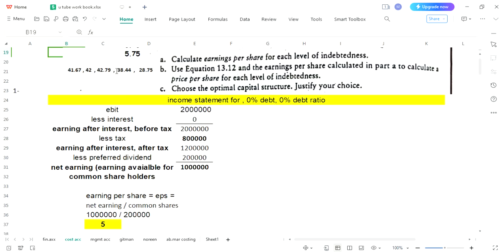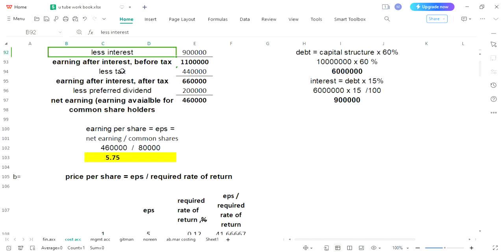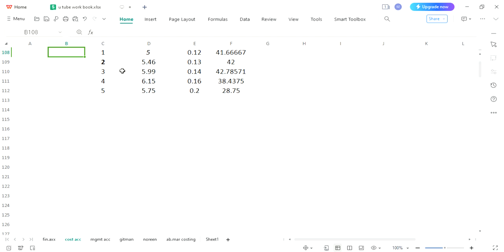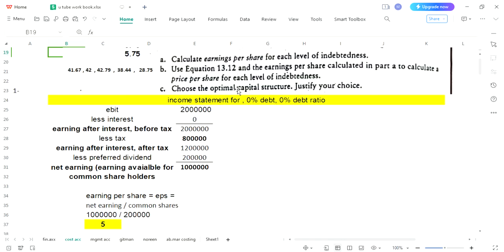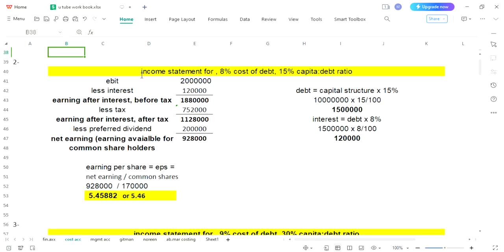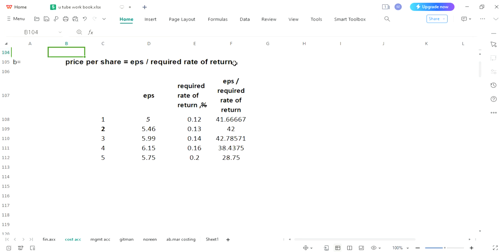It's okay. The next answer is 38.44, and we have got 38.44, and our last answer mentioned over here is 28.75. In this way all answers are matched.